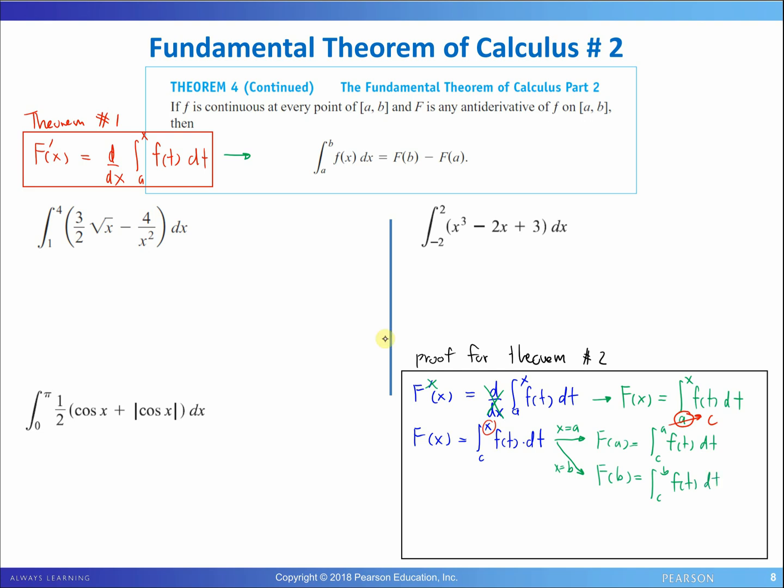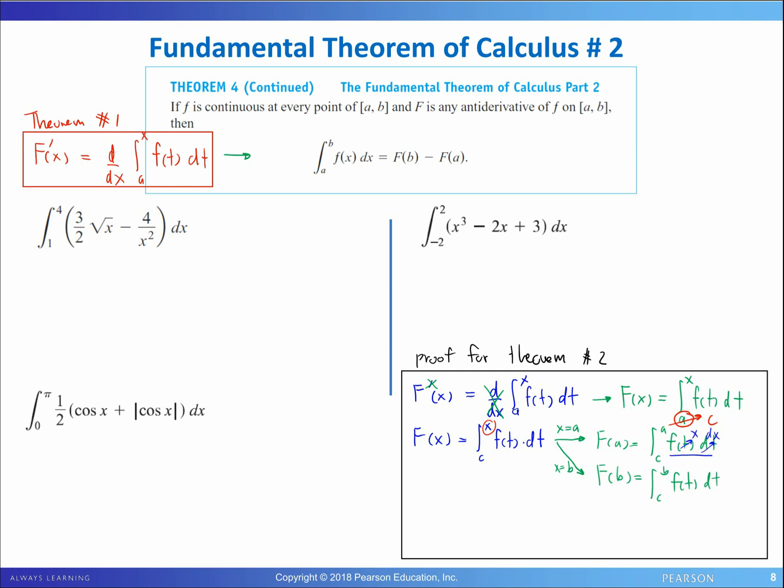Now let's take a look at this function, f of t dt. As you can see here, t is the only variable we have in this integral. We don't have x anymore, which means that we can name t something else. We can name t x. So I'm going to change the t right here to be x. Same thing with dt right here, change it to dx. It's just a name, so I can change it to something else.